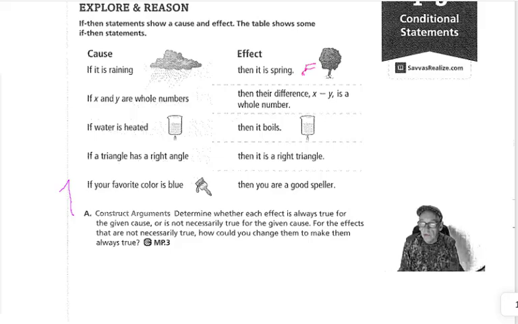If x and y are whole numbers, then their difference is a whole number. Now, whole numbers are like the natural numbers plus 0, but there's no negatives. So I could have y being a bigger number, like say 5, and x could be 4.